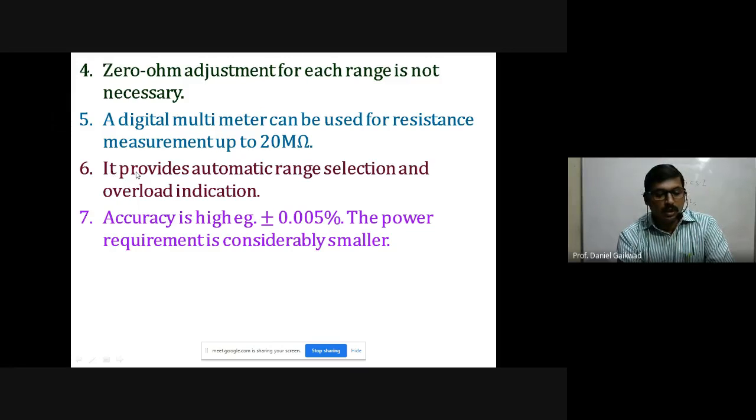Now number six: it provides automatic range selection and overload indication. So in a digital multimeter we have the provision of automatic range selection and overload indication. For range, it will show out of range like this.